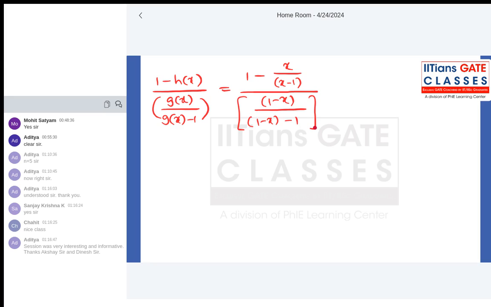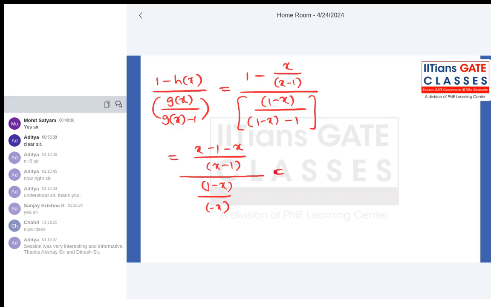Okay. So now we can further simplify. So you'll have x minus 1 minus x divided by x minus 1 in the numerator, and in the denominator you have 1 minus x as it remains the same, and you'll have minus x because 1 gets cancelled.